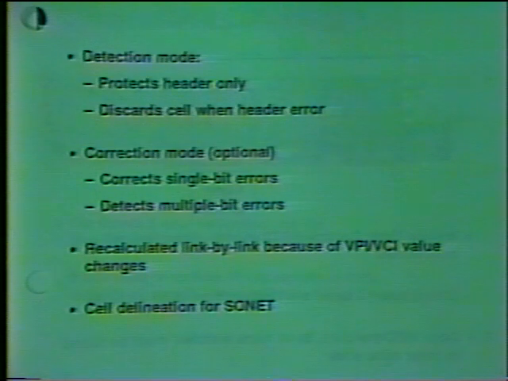The system administrator can enable correcting a single bit and detecting multiple bit errors. And it's recalculated every time it's received by a switch or some destination ATM connection. It's also got cell delineation for SONET, and they talk about that more on page 26.